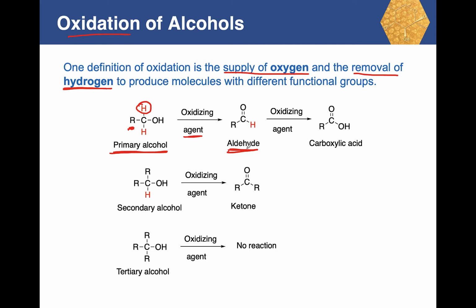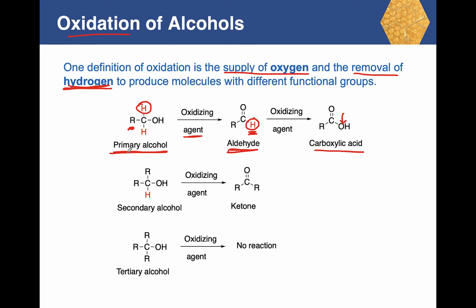Because this aldehyde has an H, it can undergo further oxidation by removing this H, based on the definition, to form a carboxylic acid. So notice again, this is oxidation because we have introduced another atom of oxygen, and we have also removed the hydrogen from the aldehyde.